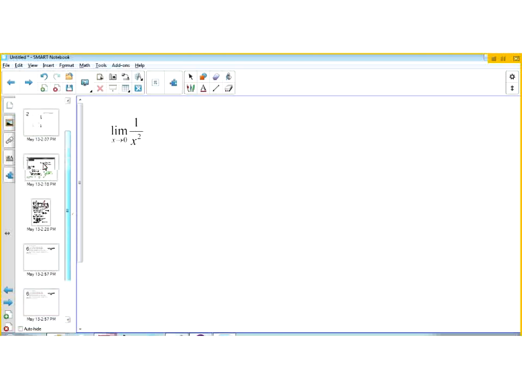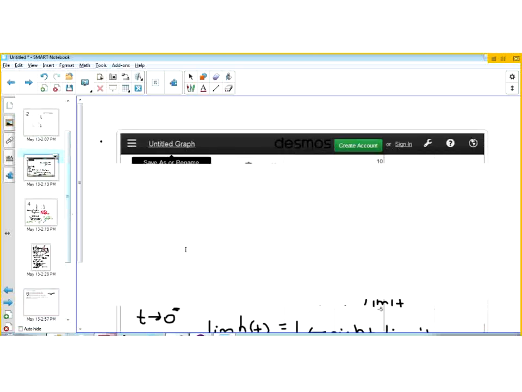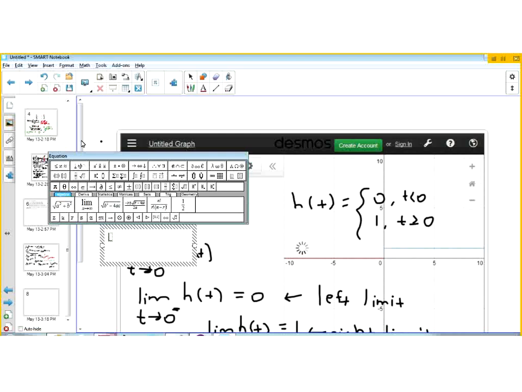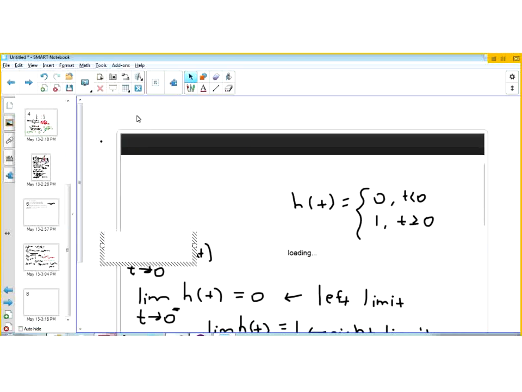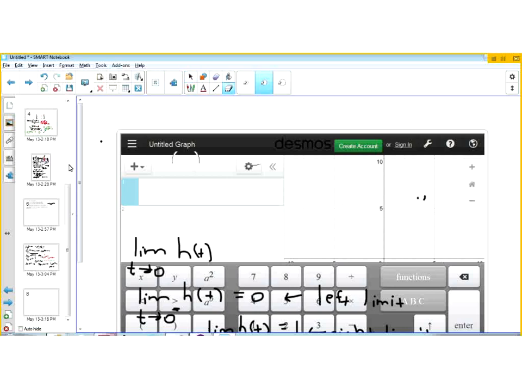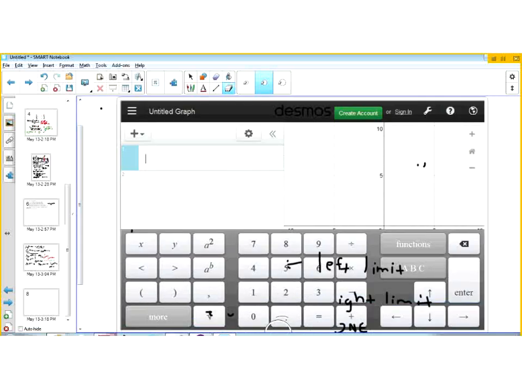Let me go back to the graphing calculator I had. I don't think we need this anymore, so we'll go ahead and erase all of the markups here. This is another problem, so I can erase all of this.